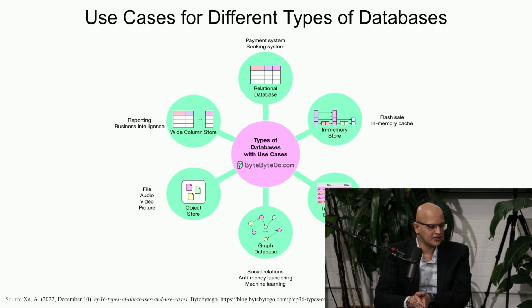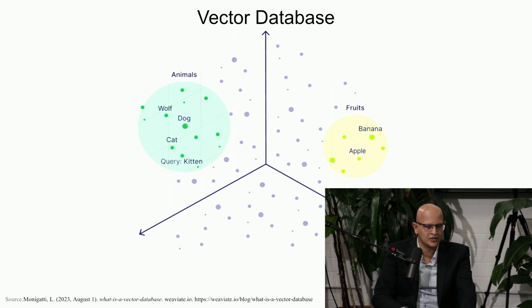Then graph databases, as Stanley said, are used for social relations and anti-money laundering. That's a nice use case for it. Then time series databases have stock market data, trading platforms, stock exchanges, and an in-memory store is like a cache or flash sale kind of database usage.